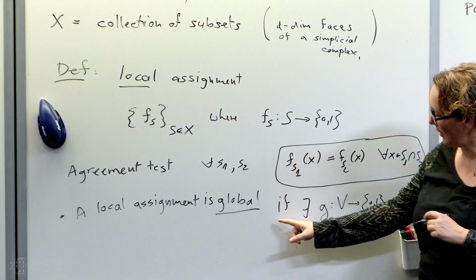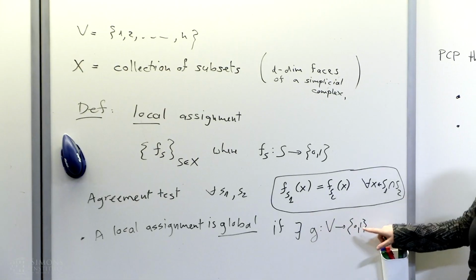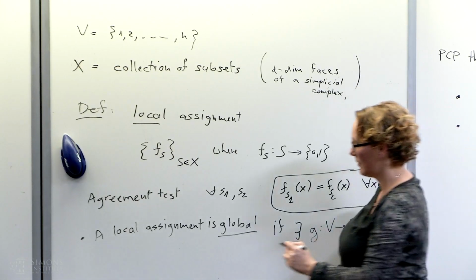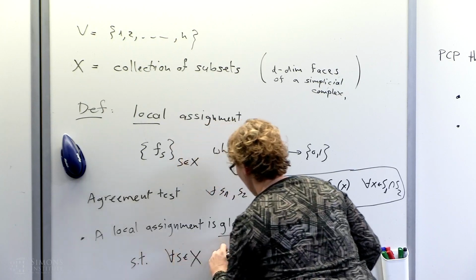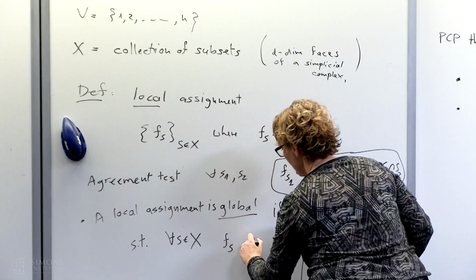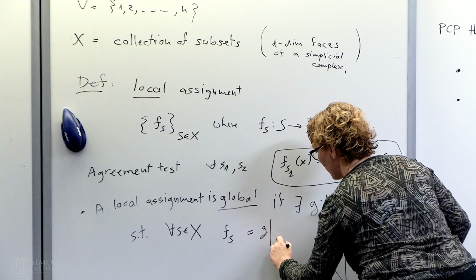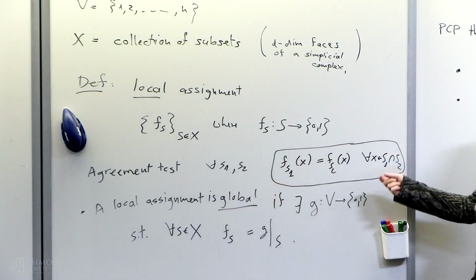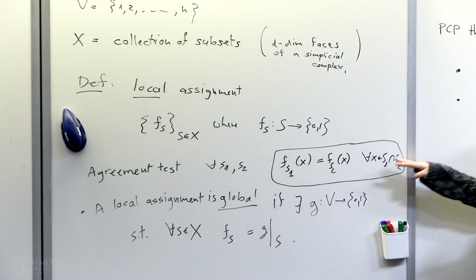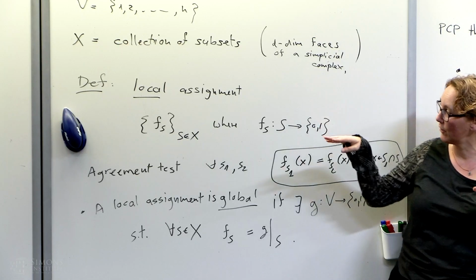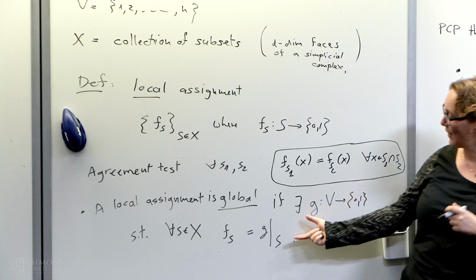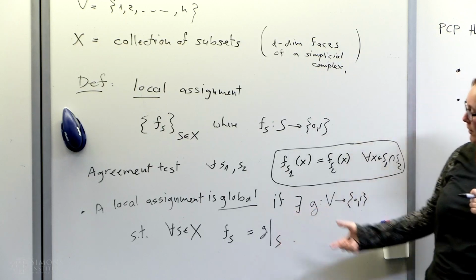So an assignment is global if there is some way to label the original vertices such that for every s, the local function f at s equals this global function restricted to s. This is the desired object. This is what we want. We want to be able to stitch back these local functions to a global function. Okay, so these are my good solutions, a global assignment.